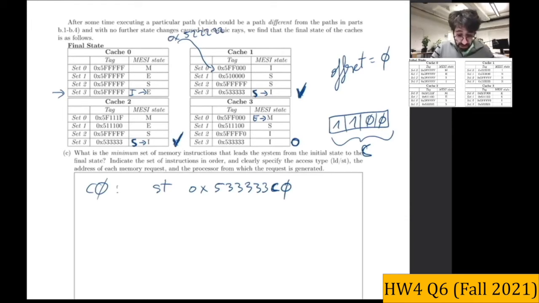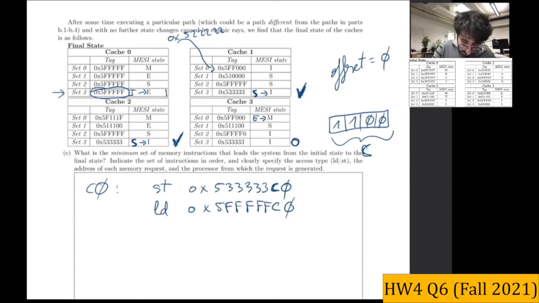To set cache 0 in the final state, we need basically to load this address again. By loading this address again, we will put it automatically in exclusive state because this address is not present in any of the other caches. So we just load 0, 5, F, F, F, F, F. This is in set 3.